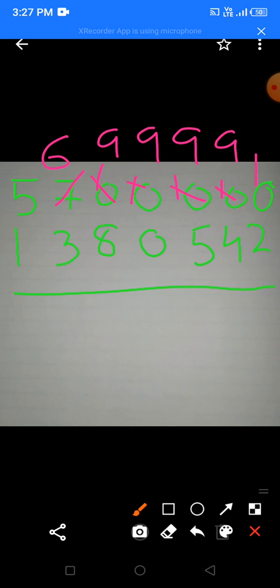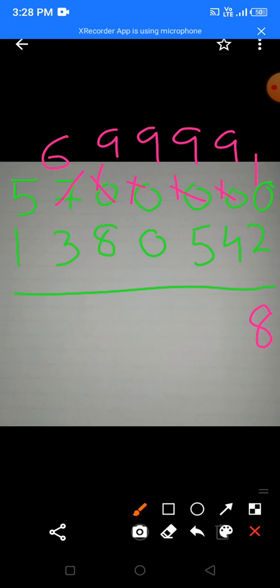Am I clear, children? Is this clear? Yes. How did I write this? I have borrowed it and then I have started solving it. Okay, children? Now, 10 minus 2 will give you 8.